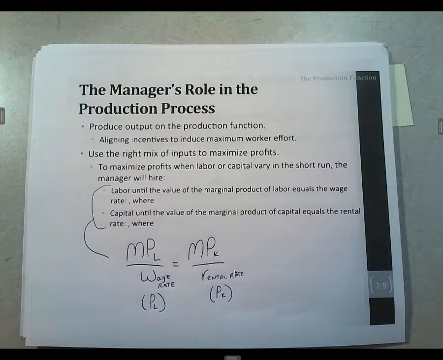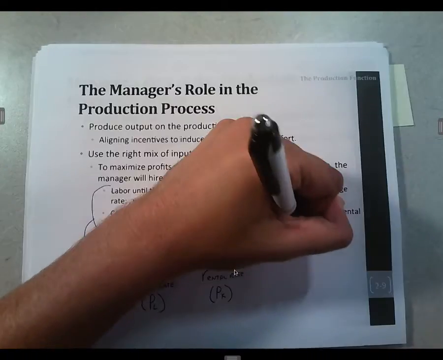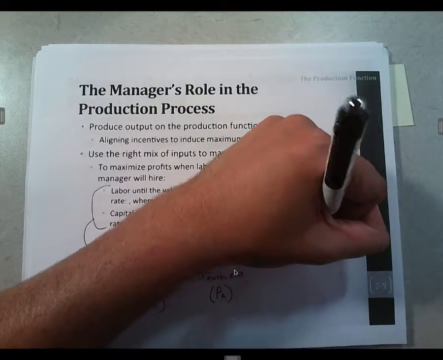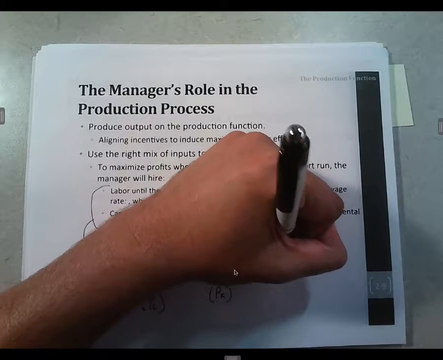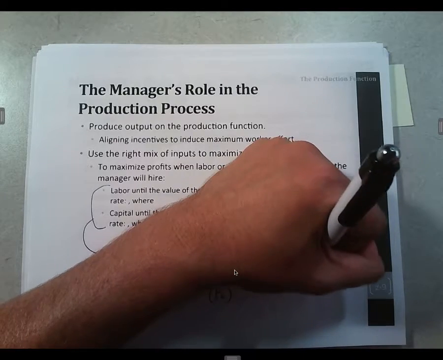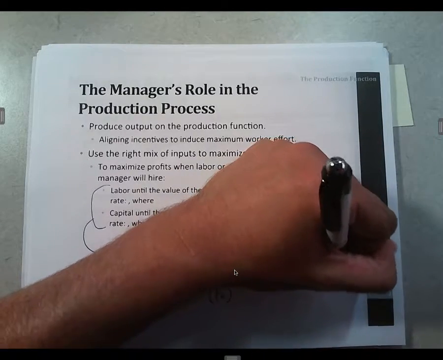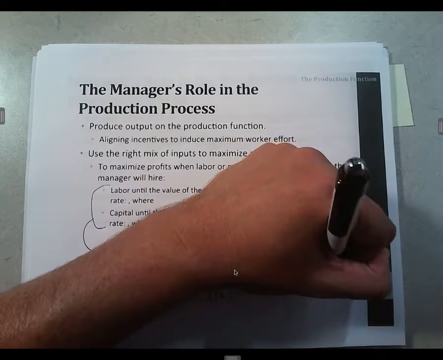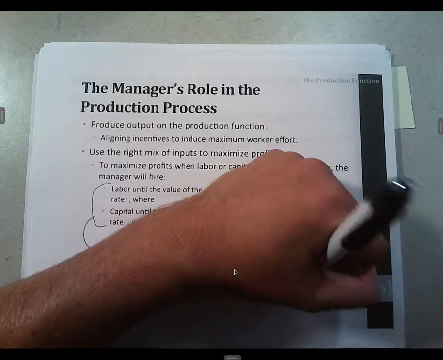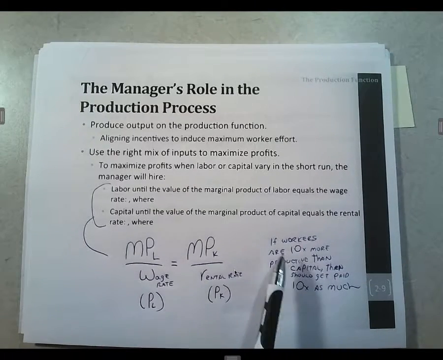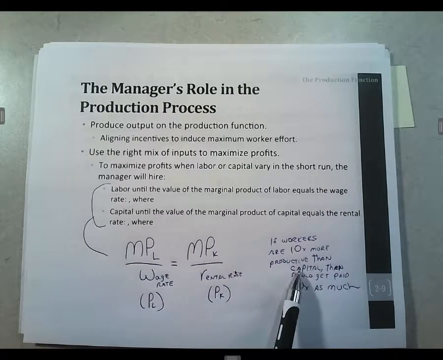What this means is that if the workers are 10 times more productive than the capital, then they should get paid 10 times as much.